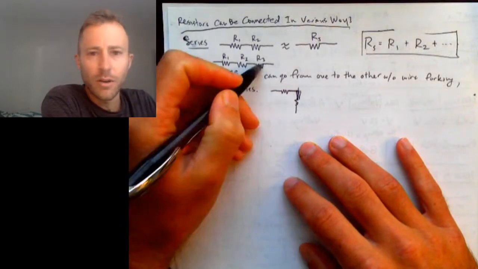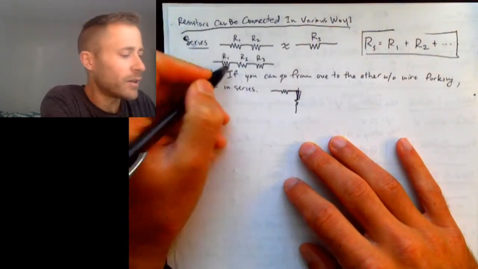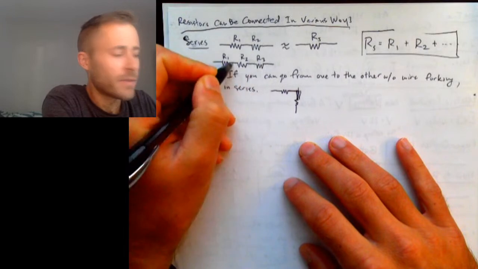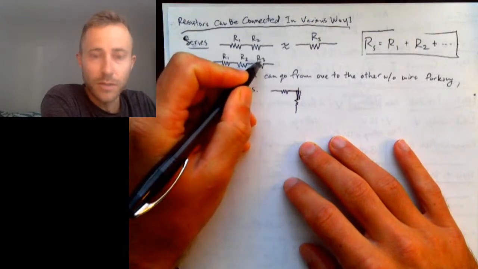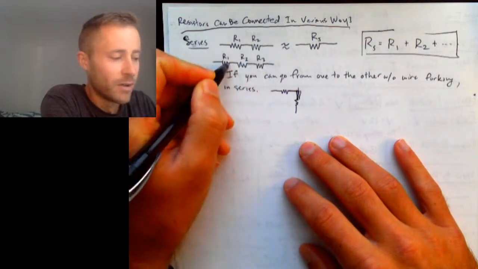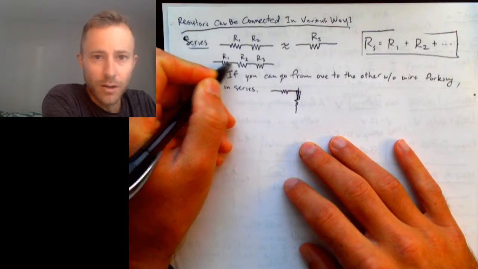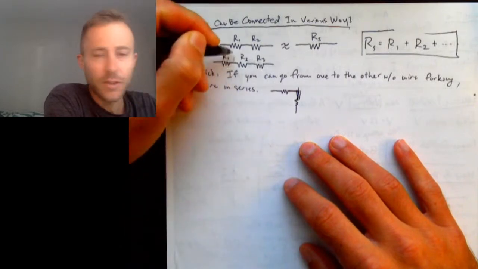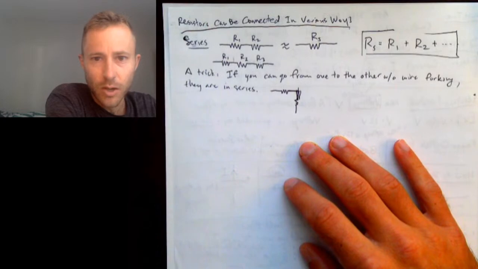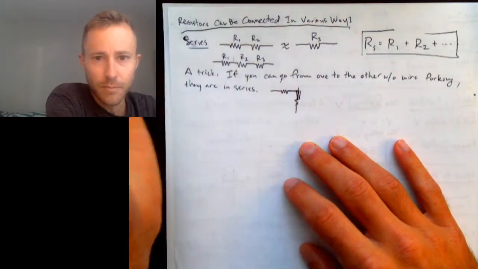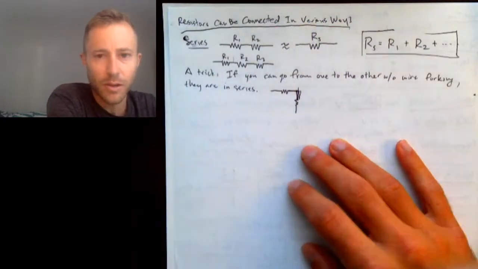R1 and R3 are in series because I can go from R1 to R3 passing through R2. It doesn't matter that R2 is in the way because the wire doesn't branch off in some other direction, okay? It doesn't split along the pathway from one to the other.